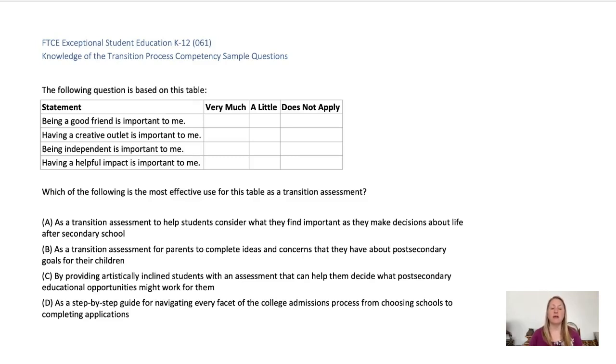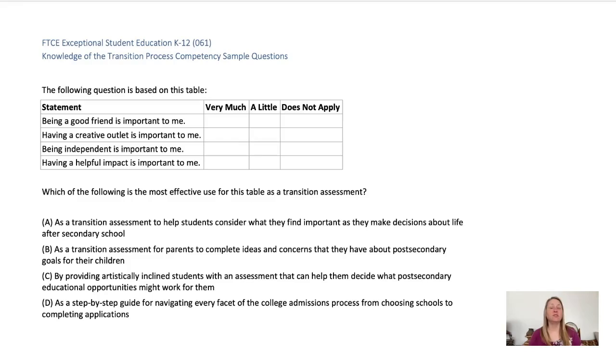C, by providing artistically inclined students with an assessment that can help them decide what post-secondary educational opportunities might work for them. Or D, as a step-by-step guide for navigating every facet of the college admissions process from choosing schools to completing applications.